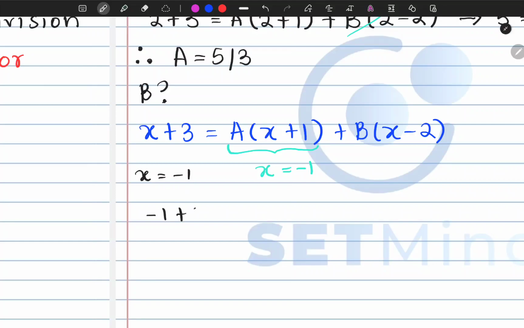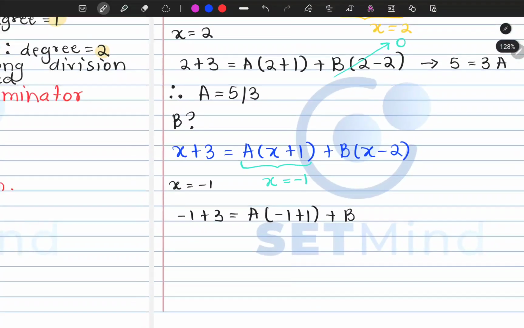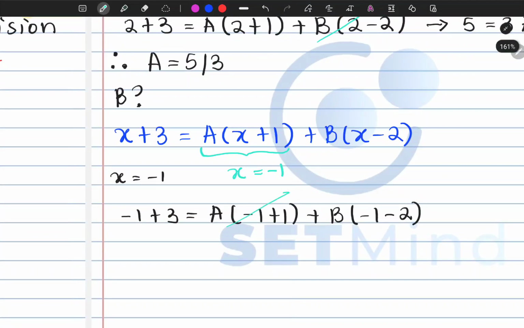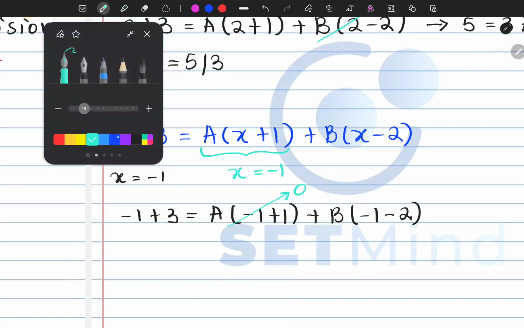So I'll have minus 1 plus 3 equals a into (minus 1 plus 1), which will give me 0, plus b into, if you look carefully, minus 1 minus 2. So what makes me happy is this term here, which will become 0.